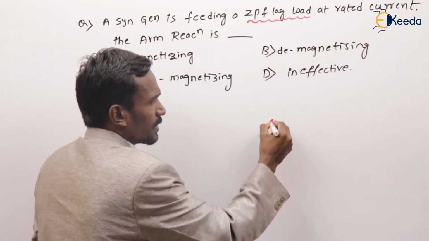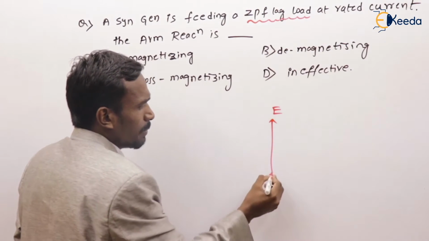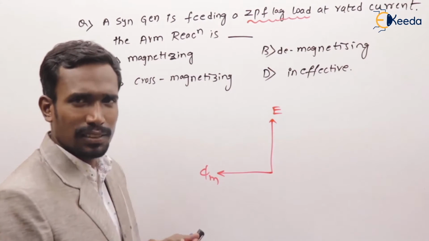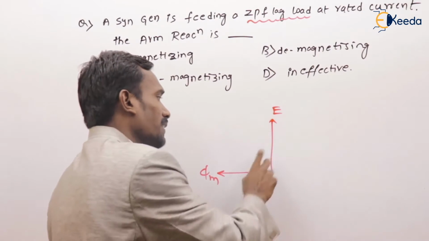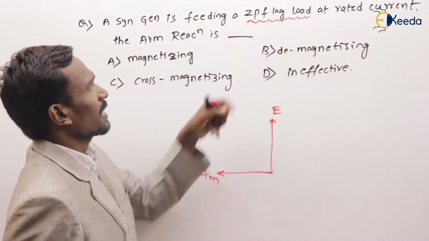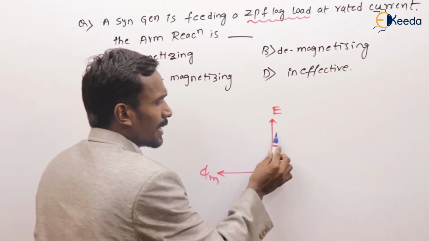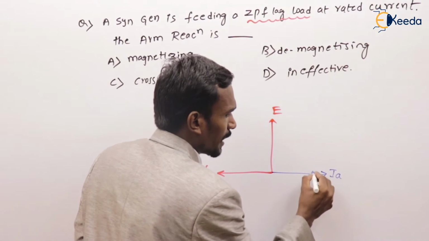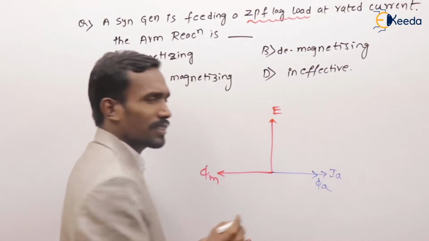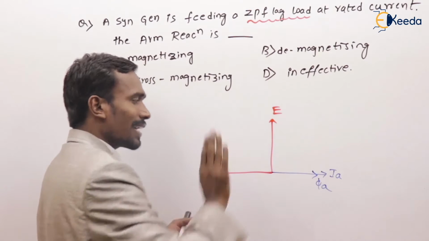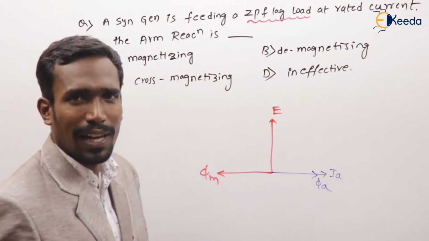Actually, for a generator, the EMF is 90 degrees leading to the main field flux. Zero power factor lagging, nothing but 90 degrees lagging armature current and armature flux.